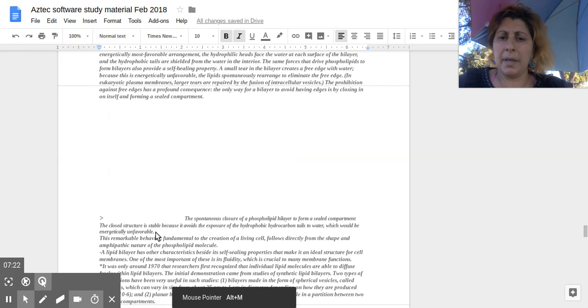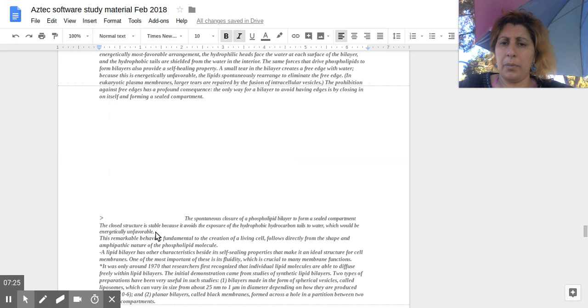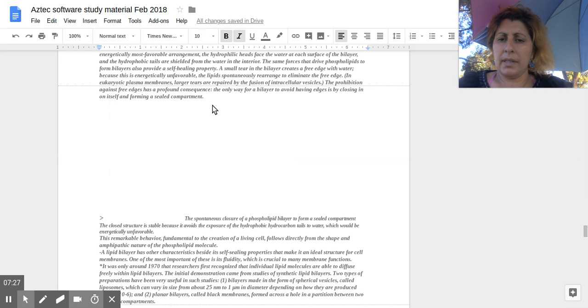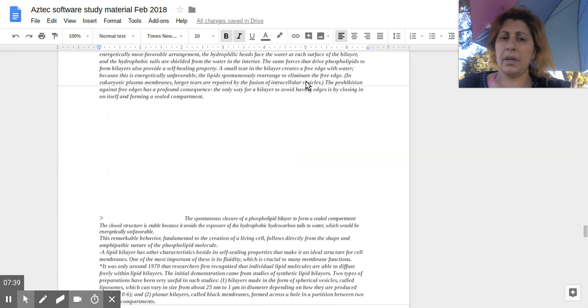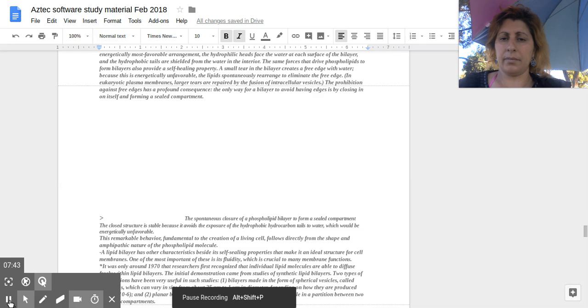If there are any gaps in the membrane, the fusion of intracellular vesicles, which have the same consistency of the membrane, will repair the membrane, and the membrane will close in on itself, forming a seal.